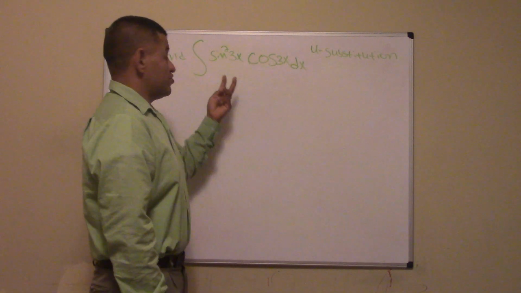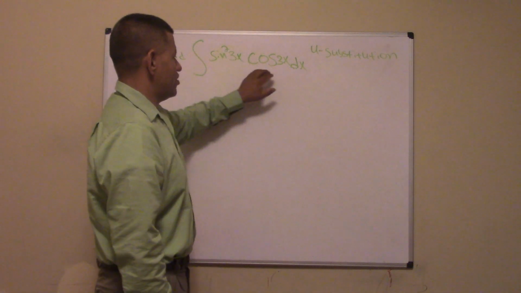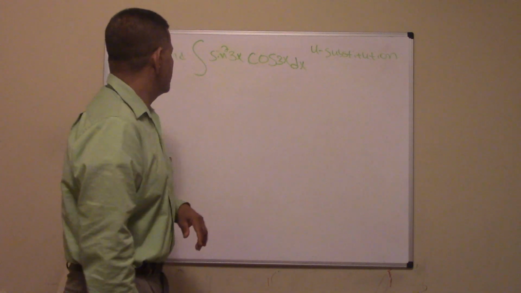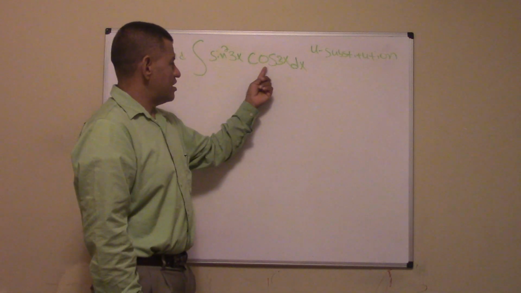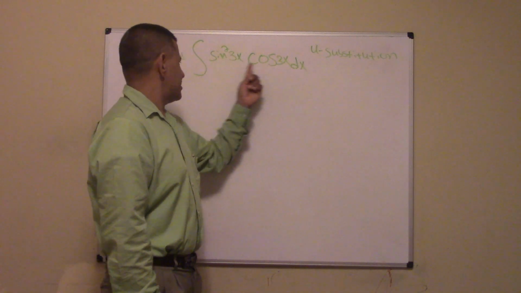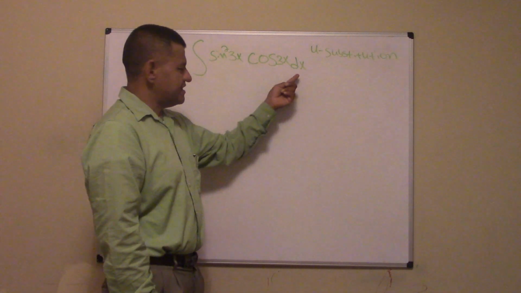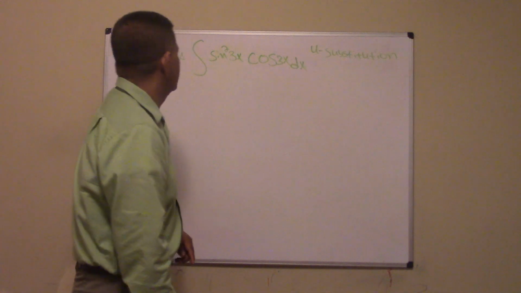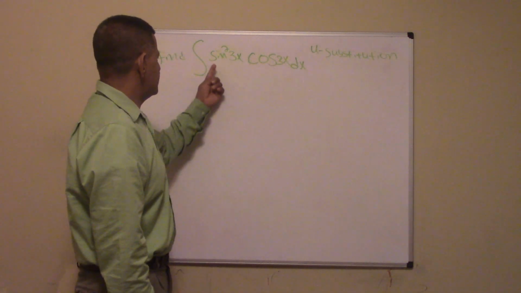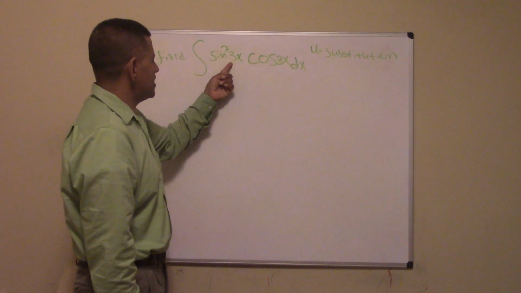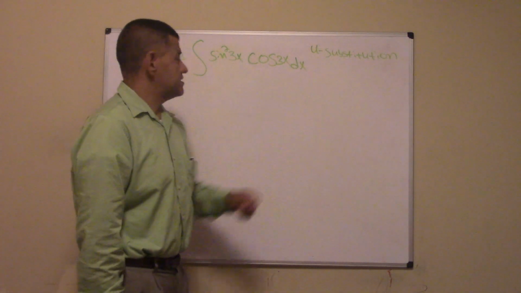We have trigonometric functions: a sine squared and a cosine. Sine squared 3x, cosine 3x dx. So that is the function again, sine squared 3x, cosine 3x dx.